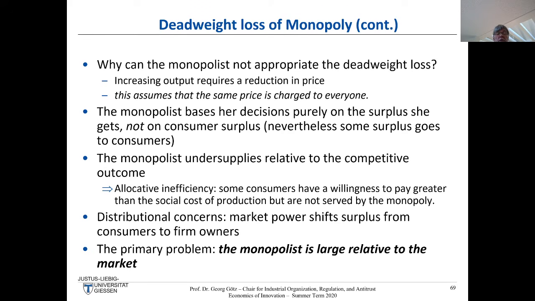Unless the monopolist can price discriminate, that is, charge different prices to different consumers, you will have this deadweight loss. And of course, the monopolist is only interested in her own profit, not in consumer surplus. And therefore, the monopolist undersupplies relative to the competitive outcome, and we get allocative inefficiency.